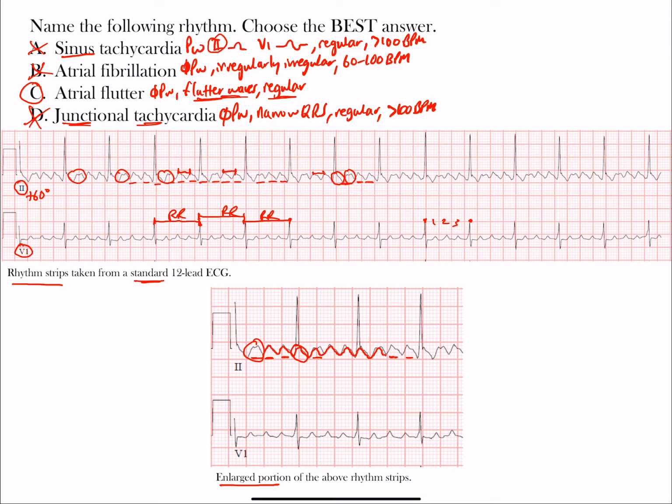So if you were to follow this through, you would see that that comes down like that. So in fact, if we were to count these out, we have one that's occurring here, we have another one, so that's 1, 2, 3, and a fourth one. So you have 4 flutter waves and 1 QRS complex.